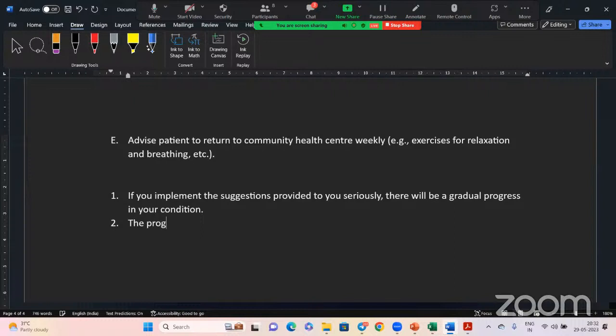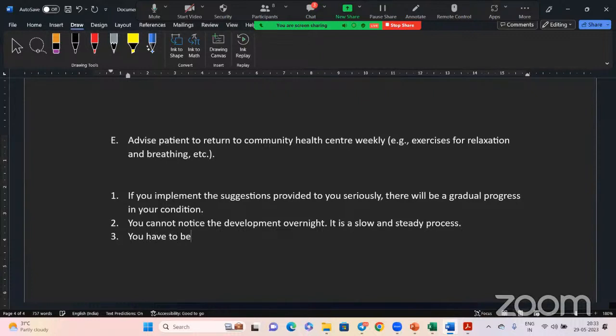What you can say here is, you cannot notice the progress, development overnight. Okay, it is a slow and steady process.